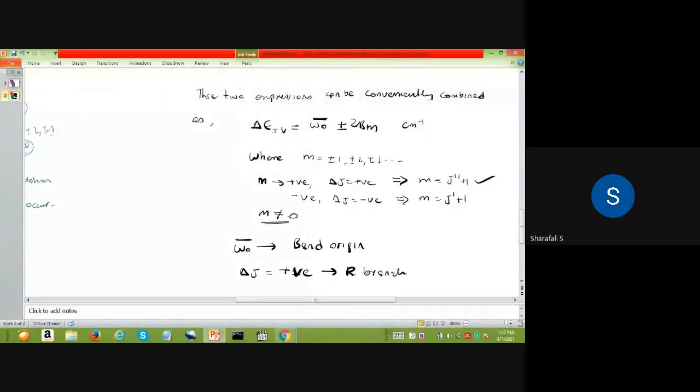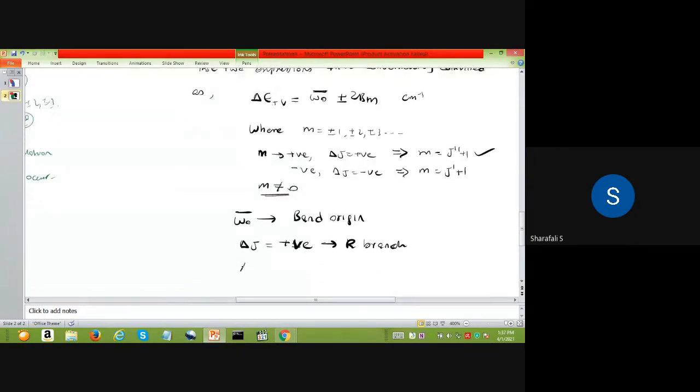Whatever value you are taking for delta j, if it is positive, it is an R branch. And delta j, if it is negative, then it is called the P branch. So basically there are three branches or three spectra we could get. One is the band origin, which will not have any spectra this time. So basically there are two branches, one is the R branch and second one is the P branch.